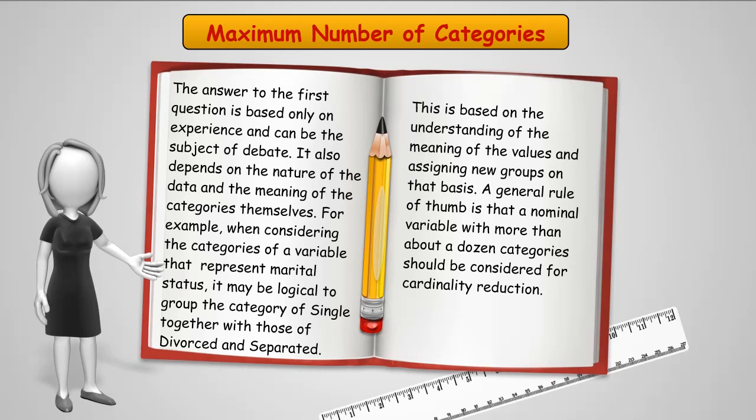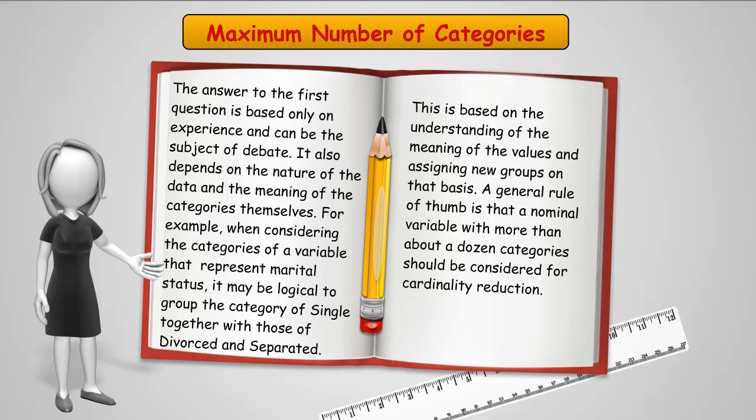And those are the accepted categories. Now, there may be many subcategories within it, but you can choose to bring those together. For example, you might say, I'm going to take divorced and separated and count them as one, because for my purposes, they're really behaving as the same person. My general rule of thumb would be about a dozen.